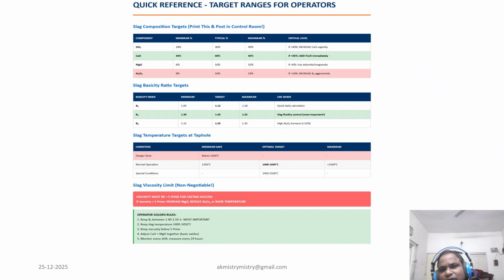But of course, in Indian conditions this remains on a higher end, so accordingly we have to design our slag. As far as B3 is concerned, a 1.4 to 1.5 band is good enough, and the aim temperature of the slag must be around 1450 for the best result, where we can maintain the viscosity lesser than 5 poise. These are basically factors which are absolutely non-negotiable.